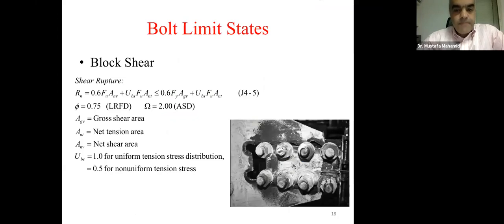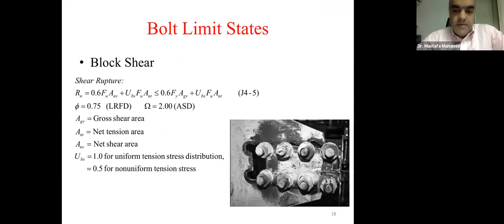Block shear, that's another bolt limit state. Block shear is a combination of shear failure and tension failure, as you can see in the figure. So it's a block. It's a failure of a block of steel.